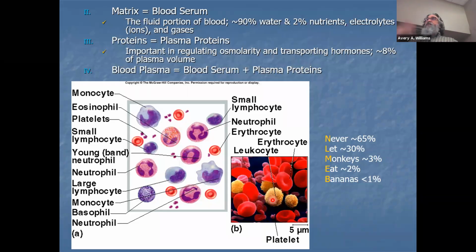Or if you look at blood, it'll separate. If you look at a vial of blood and leave it in a test tube, a heparinized tube that prevents it from clotting, it'll eventually just kind of separate, and you can see different layers of it.